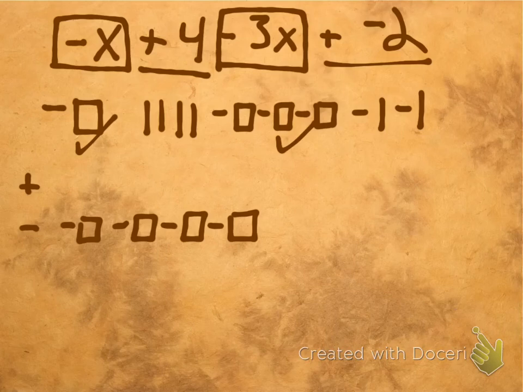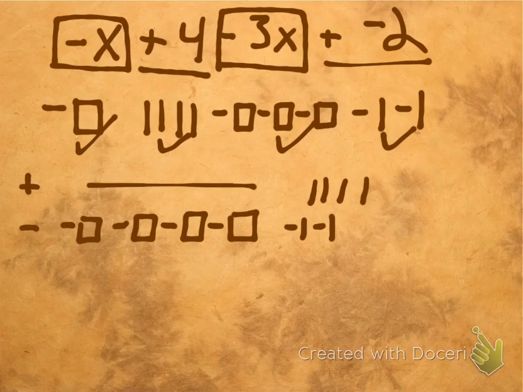I got 4 positives right here. Do I have any negatives? I've got 2 of them. Now, do any boxes cancel out? No, there's no positives to cancel out with. On our regular numbers, we've got 2 positives and 2 negatives, so we can cancel those out. By circling them, we show that they're no longer there.